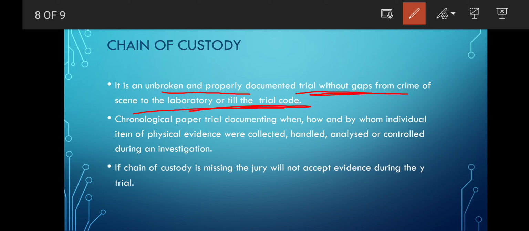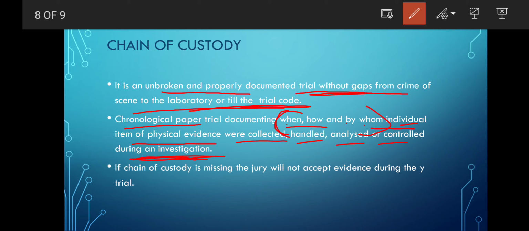Or we can say the chronological paper trail documenting when, how, and by whom the individual items of physical evidence were collected, handled, analyzed, or controlled during an investigation.